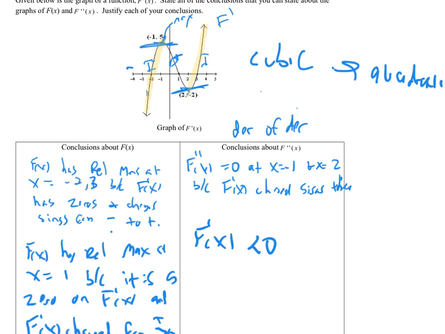Oh, I'm sorry, I'm wrong. It would be greater than 0 then, right? Silly me. Greater than 0. f prime of x, with the ones I colored, is greater than 0. We're looking at double prime, I'm sorry. f double prime of x is greater than 0 because, I didn't even get the interval.